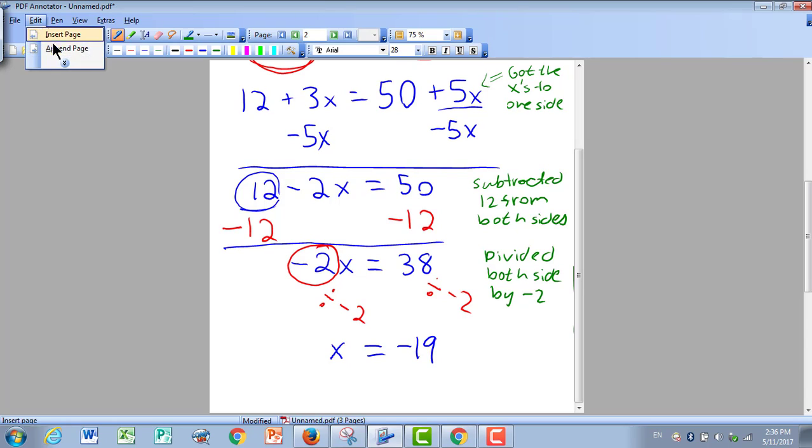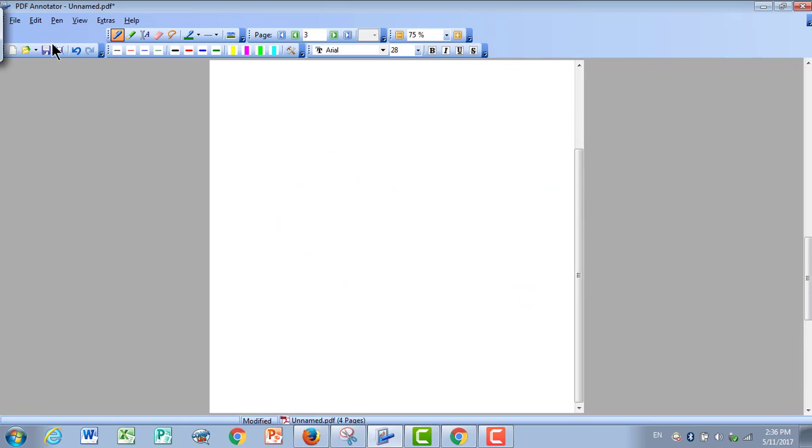I don't have room on this page to check, so we'll go on to the next page. I'll rewrite my equation out. So my equation was 3 times (4 plus x) equals 5 times (10 plus x). And I got x to be negative 19.